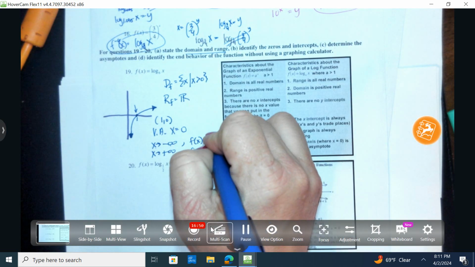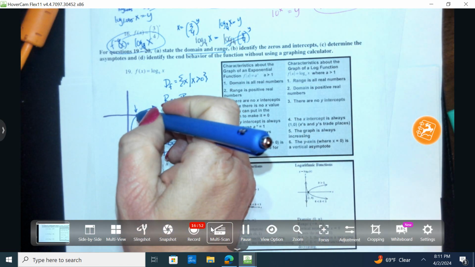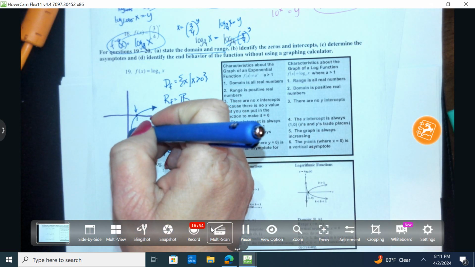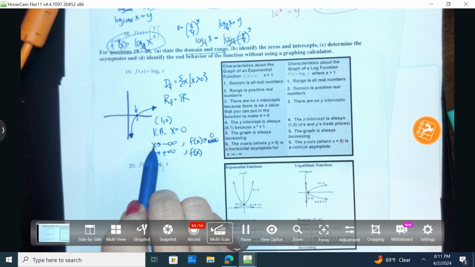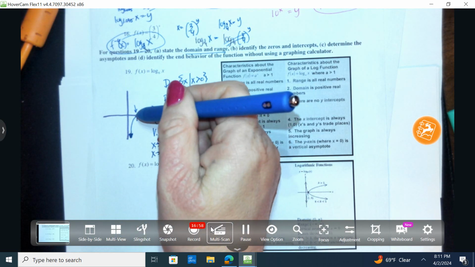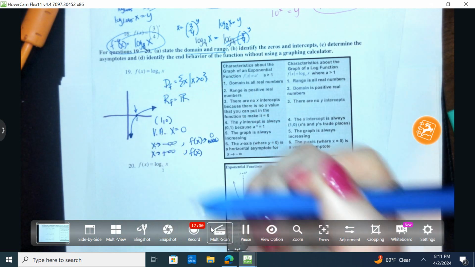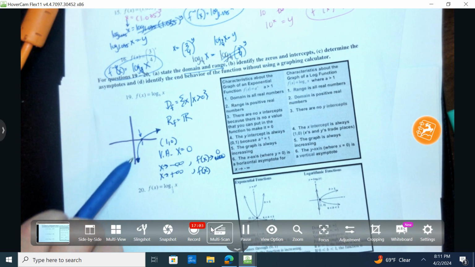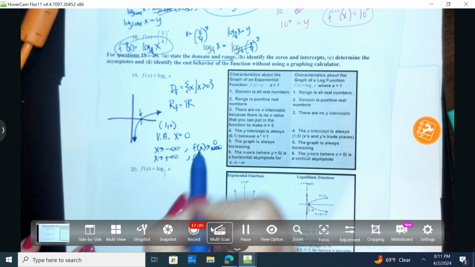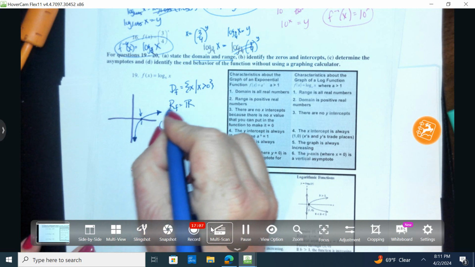So I need to go back here. As it moves to the left, it's getting closer and closer to an x value of 0. So it's approaching the vertical asymptote of 0. Now, as it moves to the right, it will continue to go up.